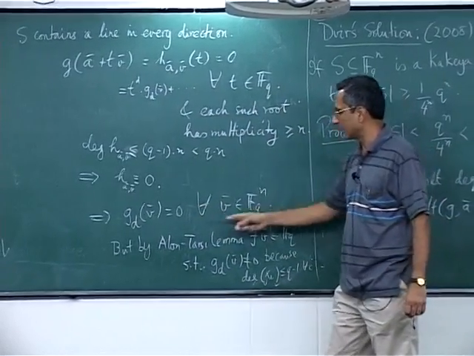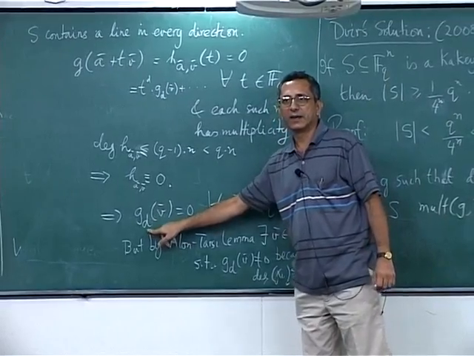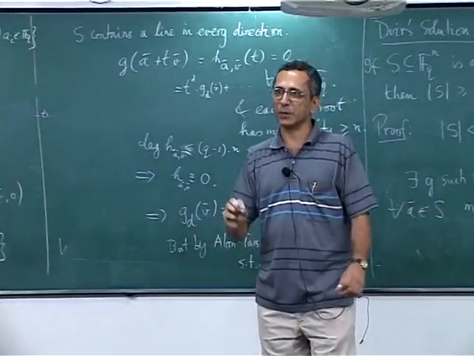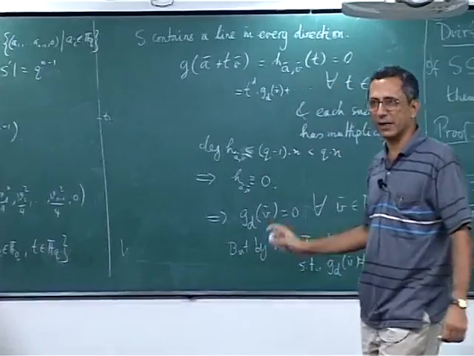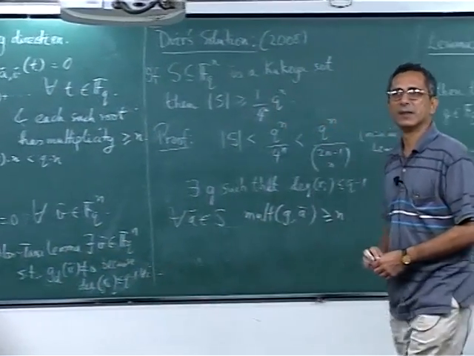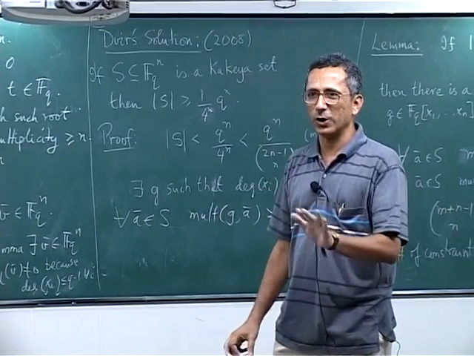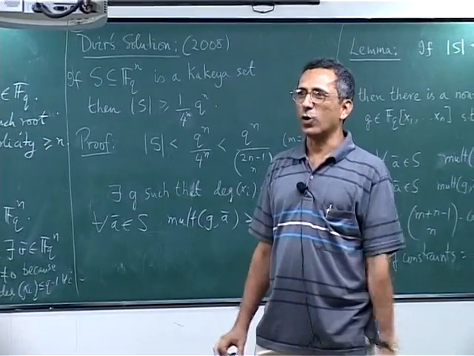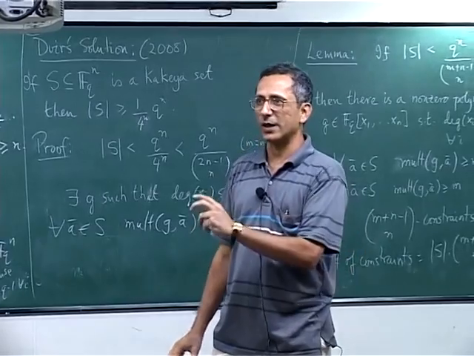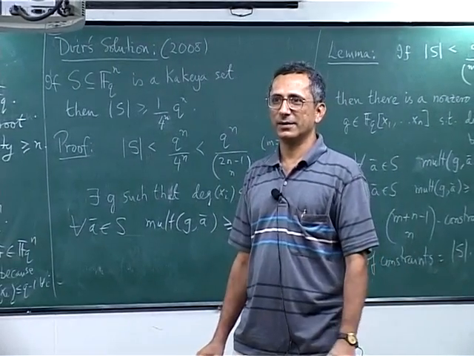But that is not possible because the individual degrees of the variables in GD are at most q minus 1. By Alon-Tarski, that is not possible. So again, subtle variations of the polynomial method. You count multiplicities as well, and then you can use that to get better bounds on the sets.